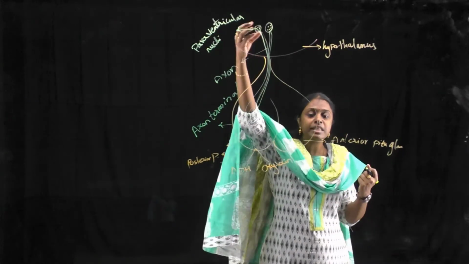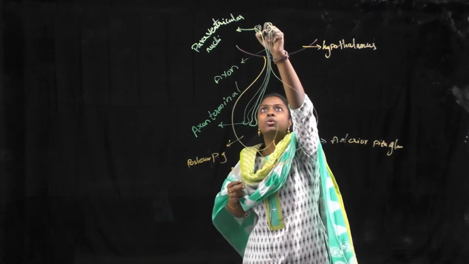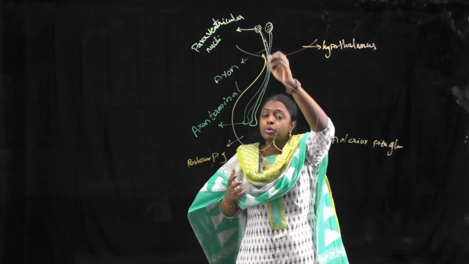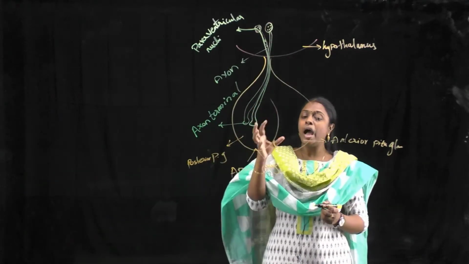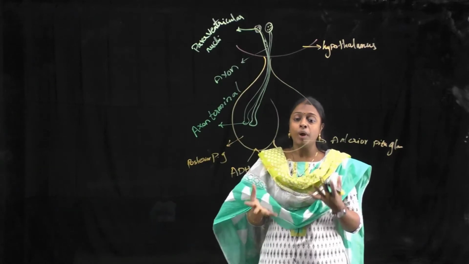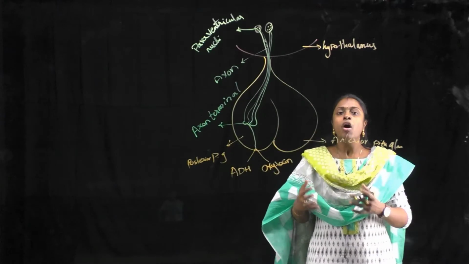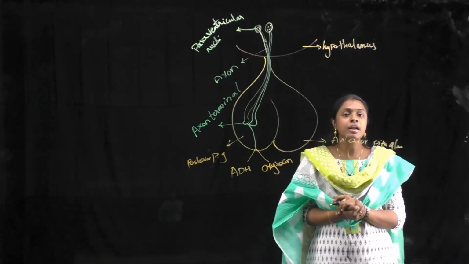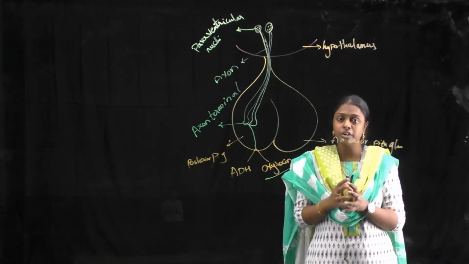After synthesizing in this paraventricular nuclei, it will release that hormone through this axon and it will store in this axon terminal. When we need this oxytocin, then it will start to release the oxytocin into our bloodstream. We will use this oxytocin for uterine contraction, right?